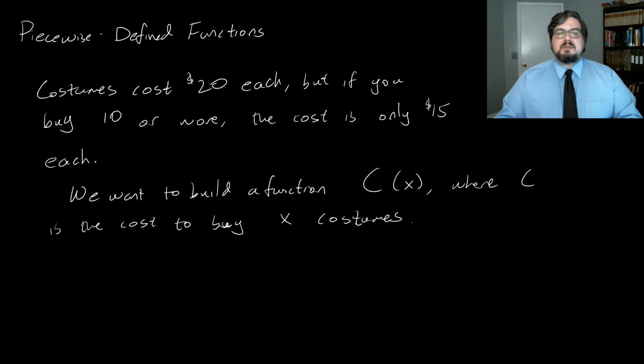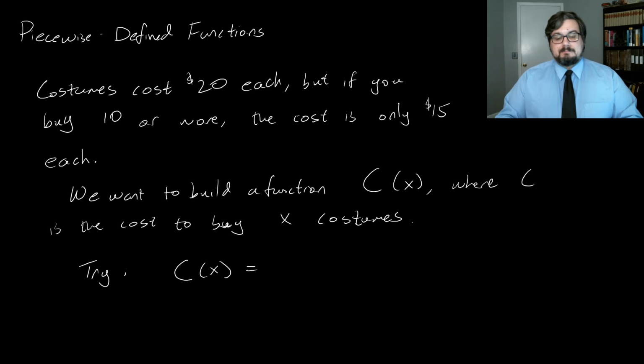Now, there are a few things that we could try based on this example, but the two most natural things for us to try both fail, and sort of for the same reason. We're told at the beginning that the cost to buy costumes is $20 each.